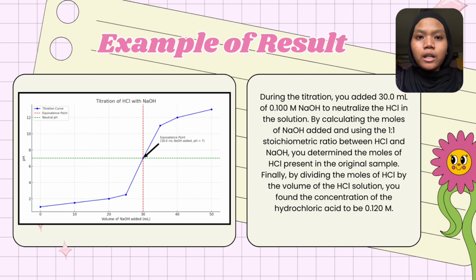At this point, the amount of sodium hydroxide added is exactly enough to neutralize the hydrochloric acid in the solution. And lastly, for neutral pH, the green dashed line at pH 7 indicates the neutral pH at the equivalence point, typical for a strong acid, strong base titration.